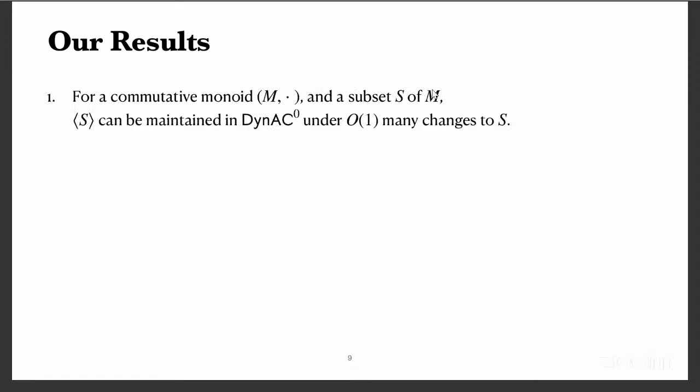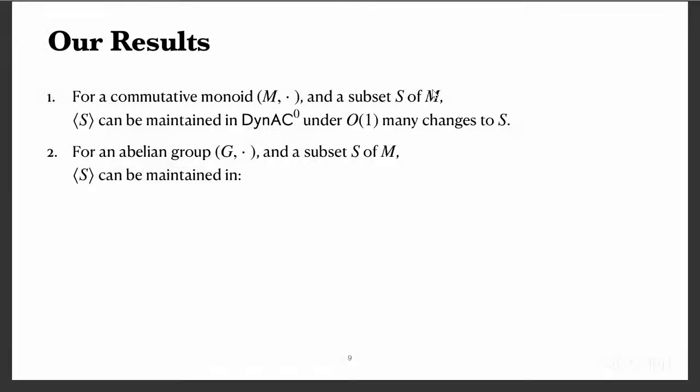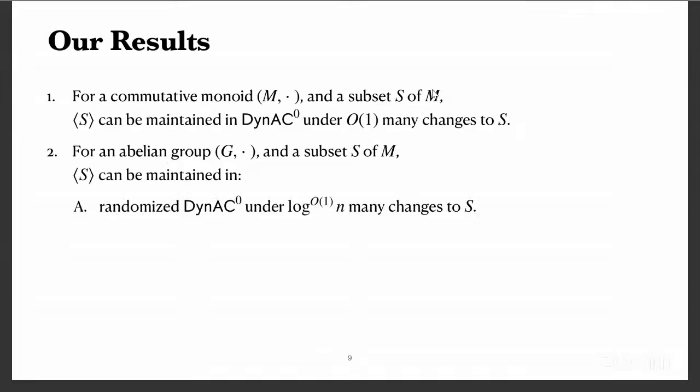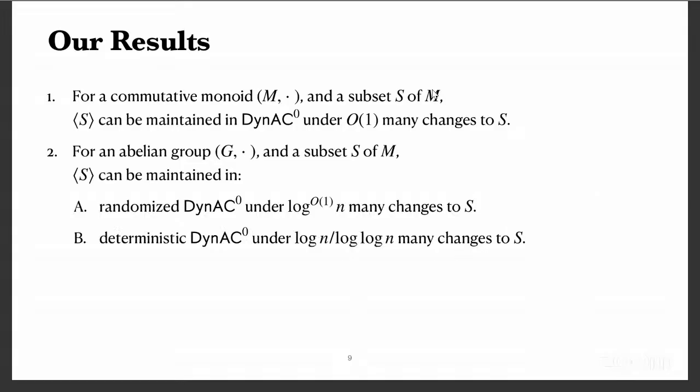So what are our results for commutative monoids and the set S? We present a DynFO algorithm or DynAC0 algorithm for single changes. And this can be generalized to abelian groups, where we require inverses, to see that the span can be maintained in randomized AC0 under polylog changes, and also in deterministic AC0 under slightly sublogarithmic number of changes.